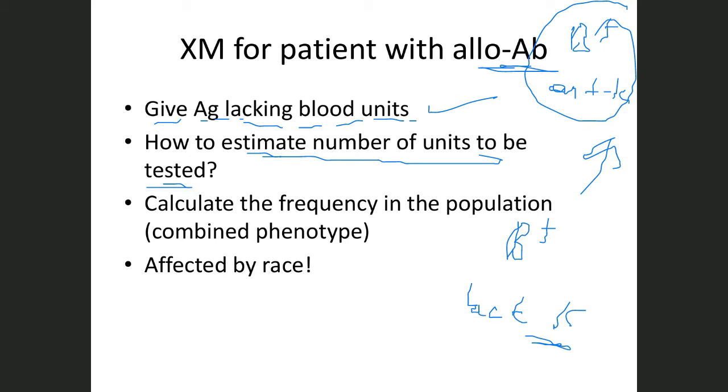Why do we have to return it? I take a segment to do a compatibility test, cross matching. But why don't I keep the blood unit for a long time on the bench?